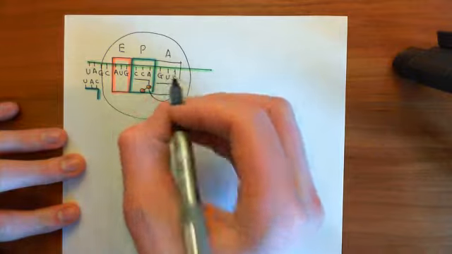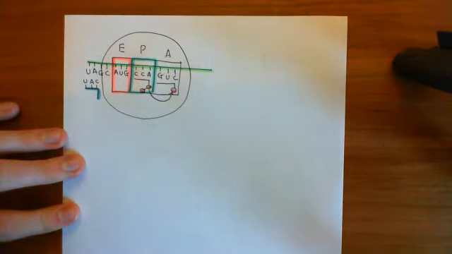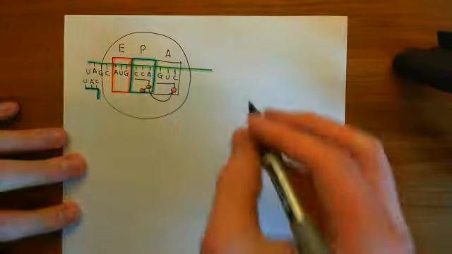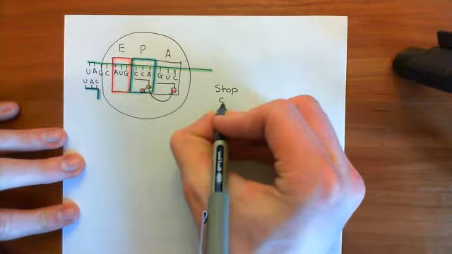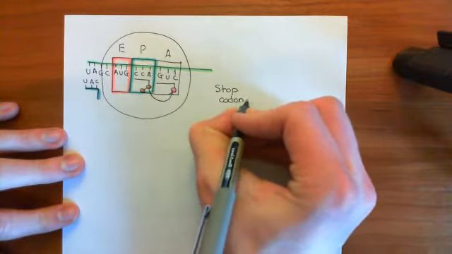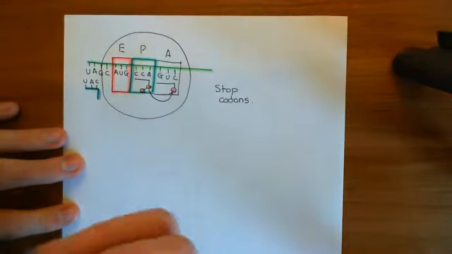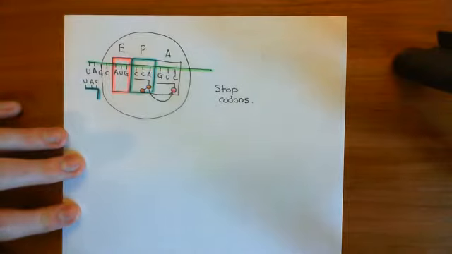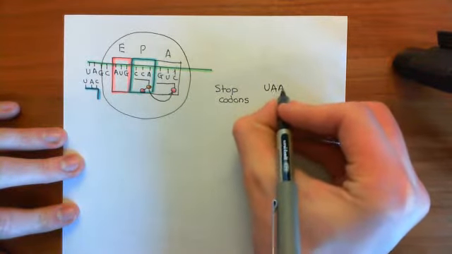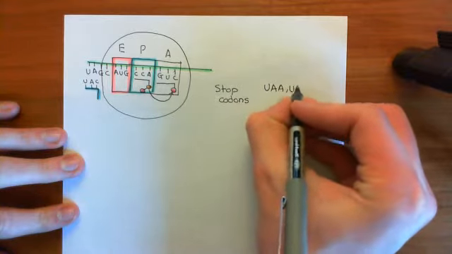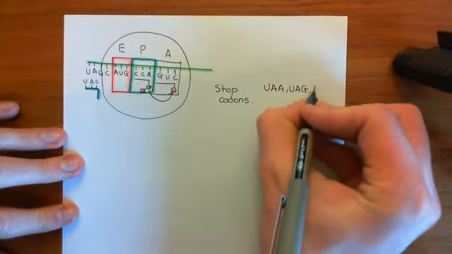The ribosome will move forward, and it will continue doing this until it reaches a codon in this A site that cannot be matched with an amino acid. There are 3 of these codons, and these are known as the stop codons. These do not have amino acids that correspond to them, basically. So the 3 stop codons are UAA, also UAG, and UGA.